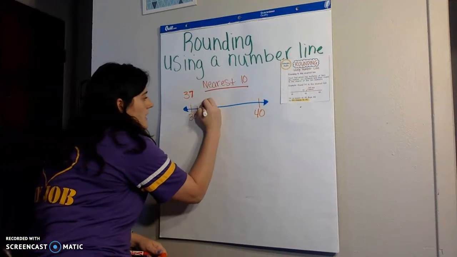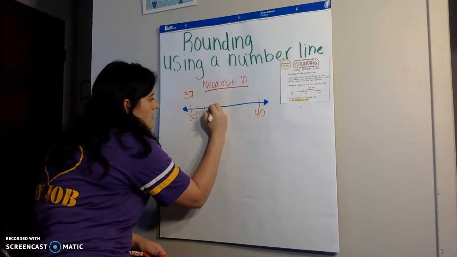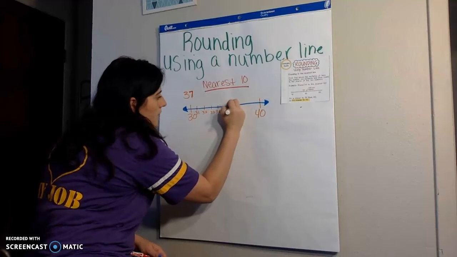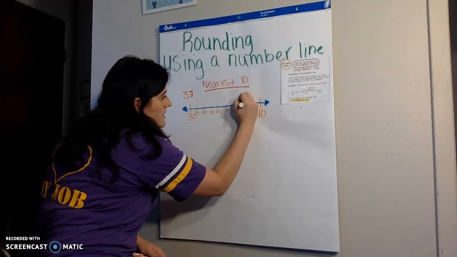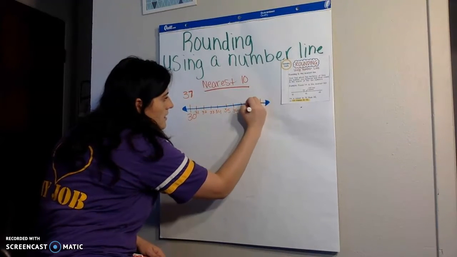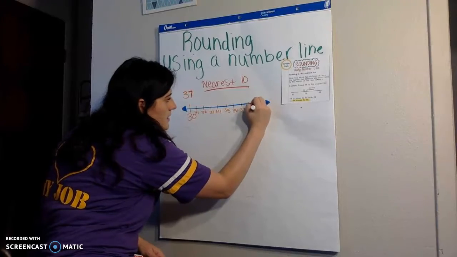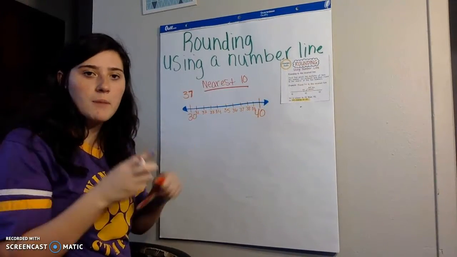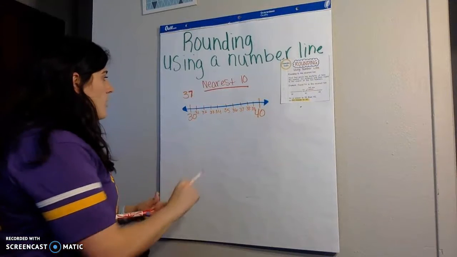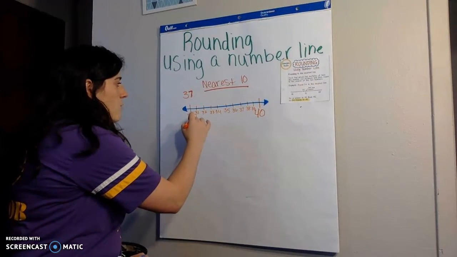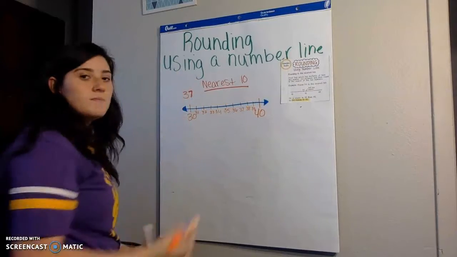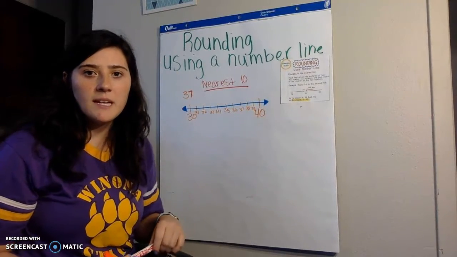So I know 31, 32, 33, 34, 35, 36, 37, 38, 39. My halfway point means that it's equal on both sides. If I count my numbers, I have 1, 2, 3, 4, 5, 6, 7, 8, 9, 10. I have 10 numbers on my number line.